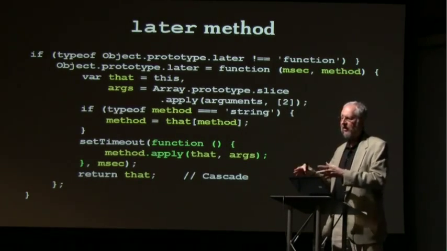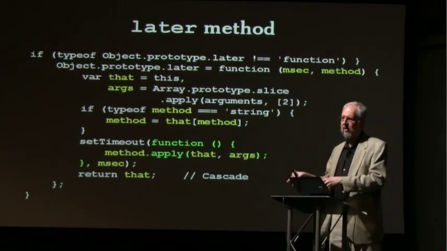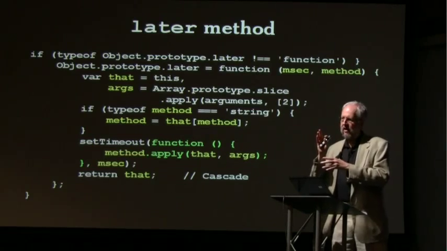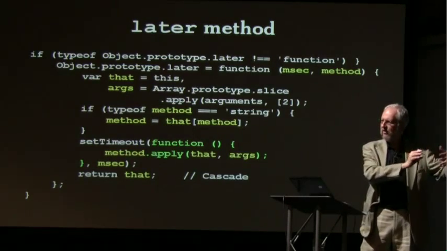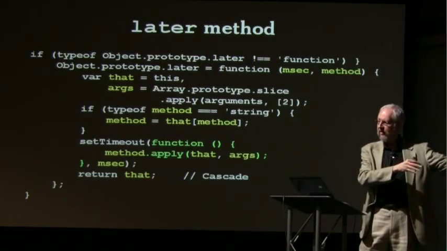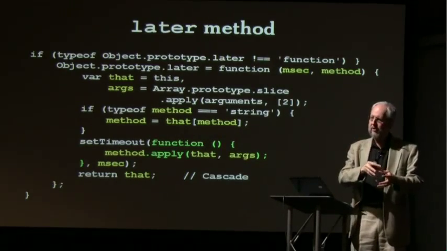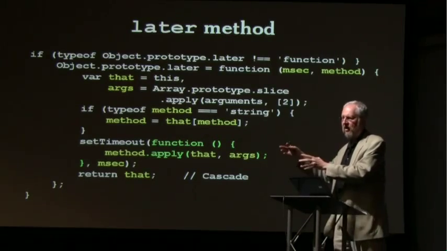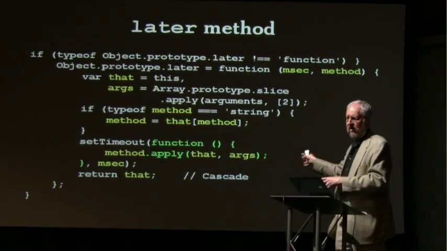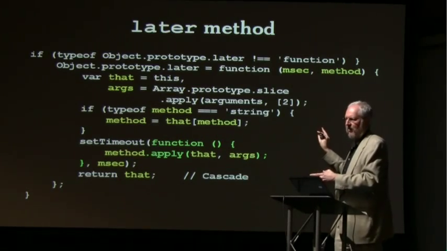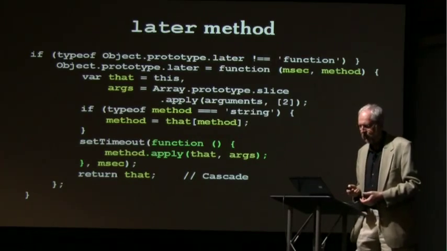So if I had several things that I wanted to happen later but at different times, I could say my object dot later 5 dot later 10 dot later 20 and so on. I can just cascade all these things one after another because each returns its own object, so we can then go right on and invoke the next one. There are a lot of Ajax libraries that carry this idea to excess, but it's a really nice pattern, and I think it works really nicely in this language.